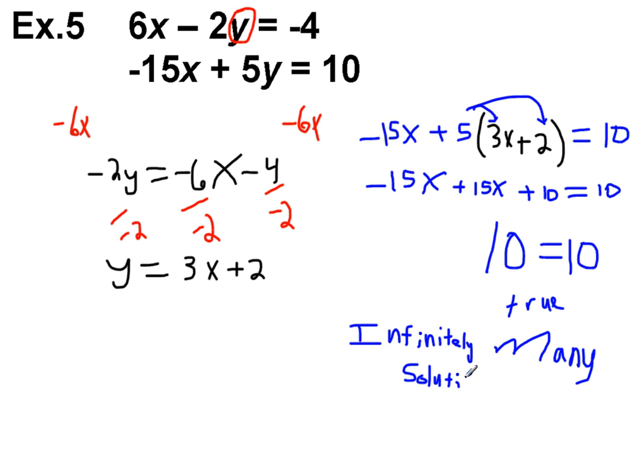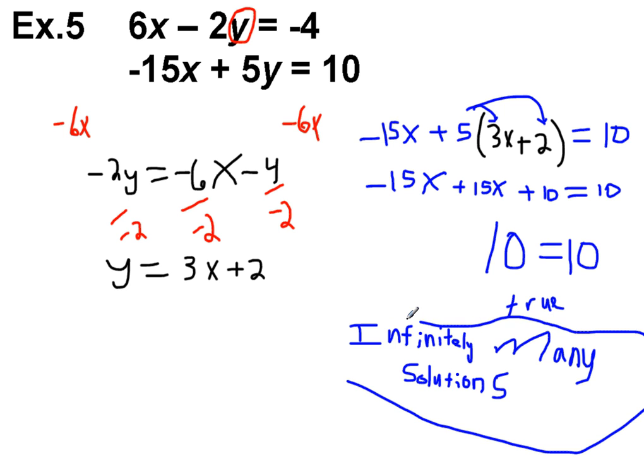If the variable dropped out and we had an untrue statement, if we had a false statement, you might be able to guess what we would be writing instead of infinitely many solutions. But in this case, the variable drops out, we have a true statement. That means there are infinitely many solutions. It means really, even though these lines don't look like it, they're actually the same line.